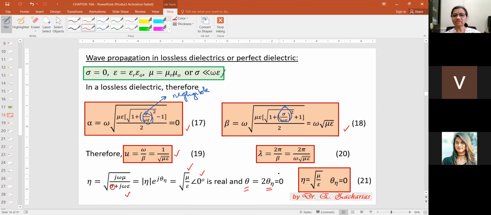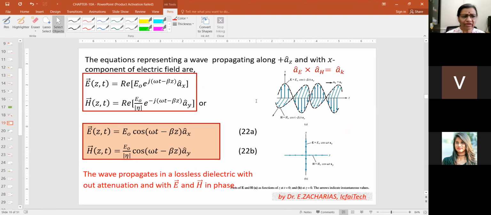Okay, and what is another thing that will come out of this? Another significant thing is that you've seen in the last class that theta eta will get into the phase part of H, and you would have written it as minus theta eta. But now theta eta is 0. So what does that mean? There is no phase difference between electric field and magnetic field.